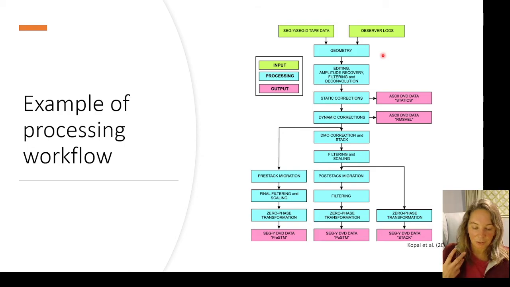The types of filtering and scaling that are done are usually detailed in your seismic processing report, often showing an image before and an image after, so that you as the geologic interpreter can understand how much the filtering or the scaling or the different processing changed the amplitudes or changed the structure. So you can keep that in mind when you're interpreting.